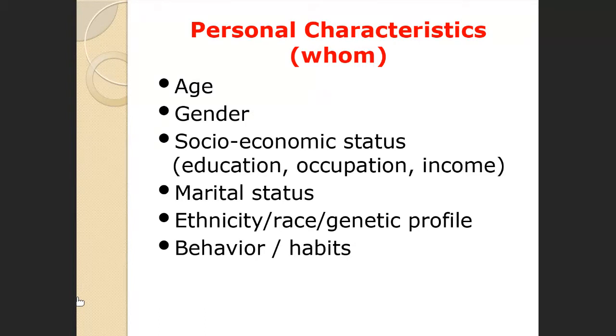I remember reading a paper that depression is common among single men compared to married men. Ethnicity, race, genetic profile: for example, it is known that hypertension in America is more common among African Americans compared to other groups. And behaviors and habits, like smokers or alcohol. Is that clear? All of these are just descriptive.